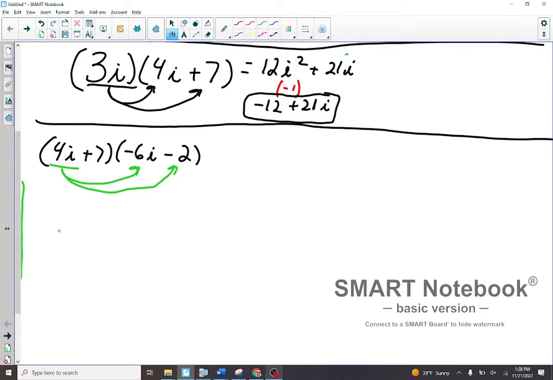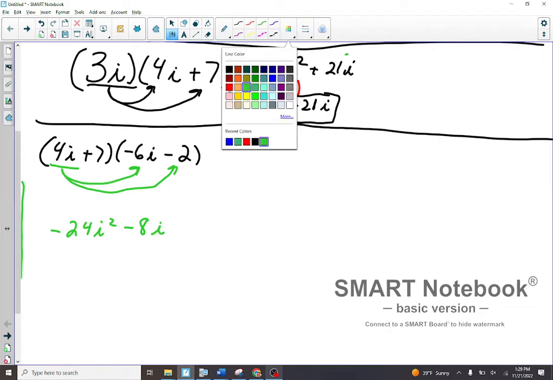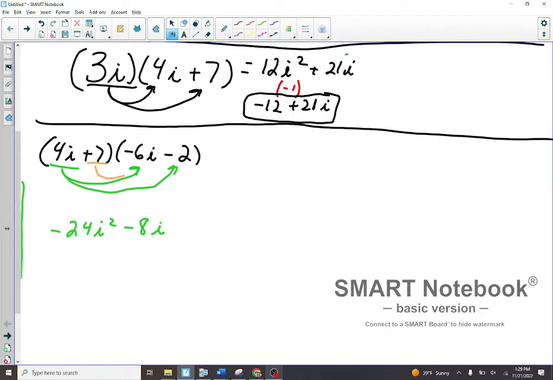So that's going to be negative 24i squared minus 8i. Minus 42i. Minus 14.